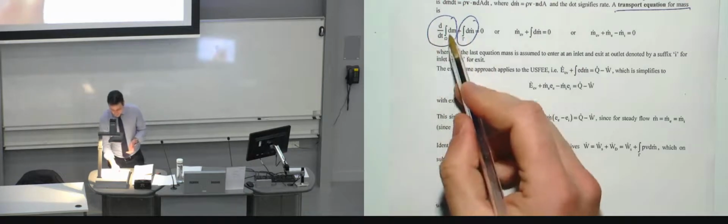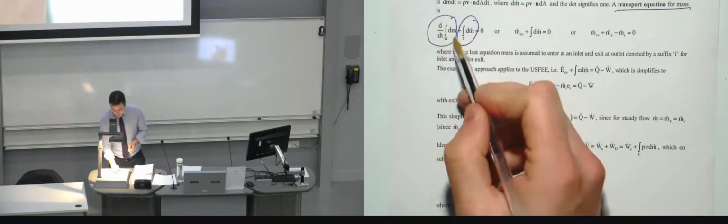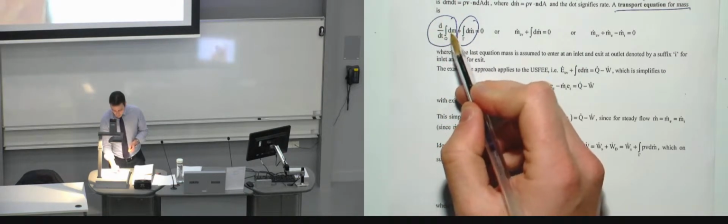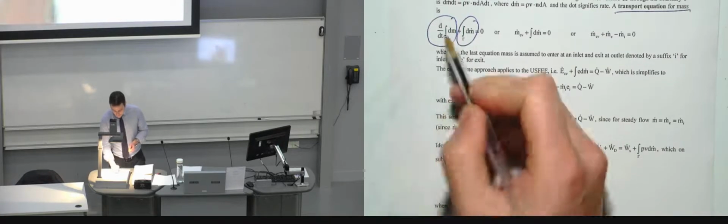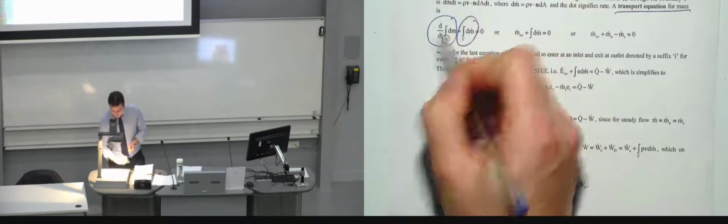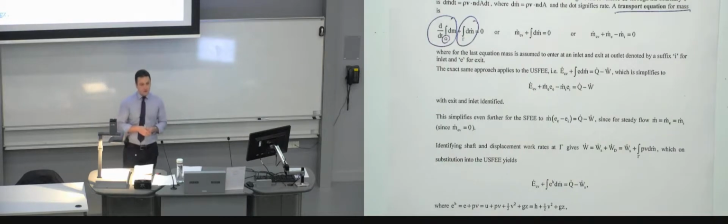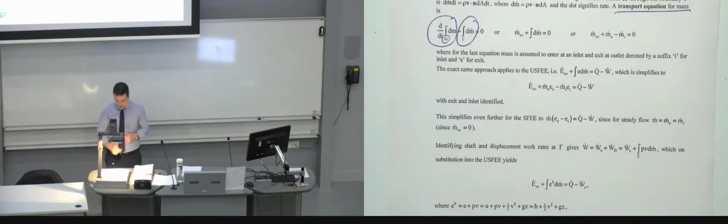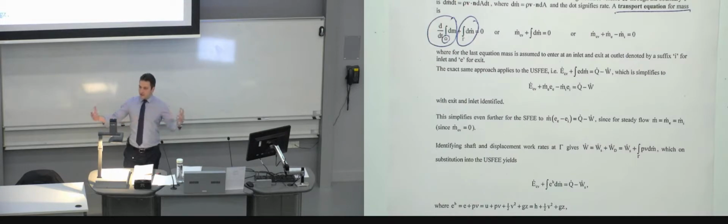It's the rate of change of that quantity, which is m, within your control volume, which is omega, and that would account for the generation of that quantity within the control volume. The second term would account for the in and out, or the net flux, of that quantity within the control volume.